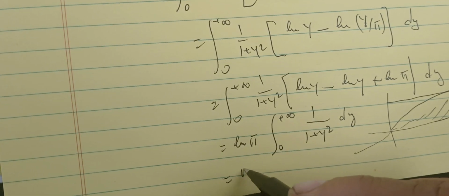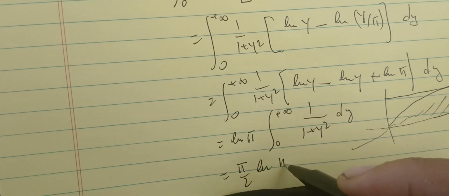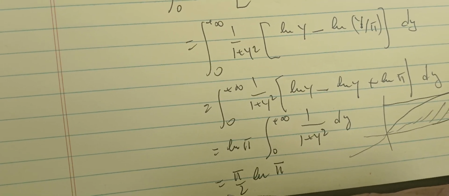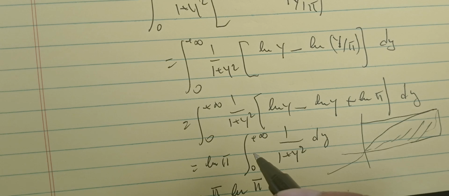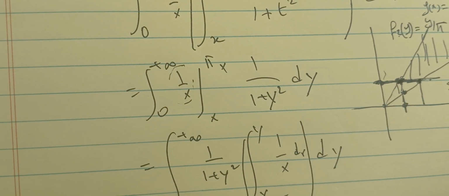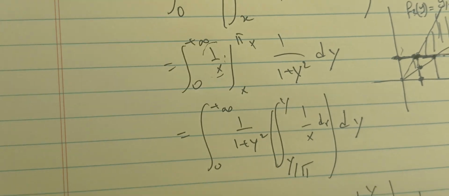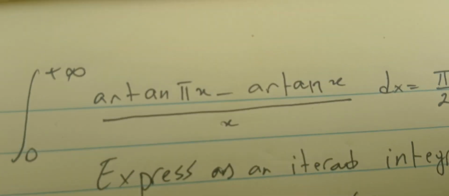Therefore, I have pi over 2 times the natural log of pi. I hope that I didn't make any mistakes. If you see any errors, please let me know. So this is pi over 2 ln of pi. This is the one that we had to prove.